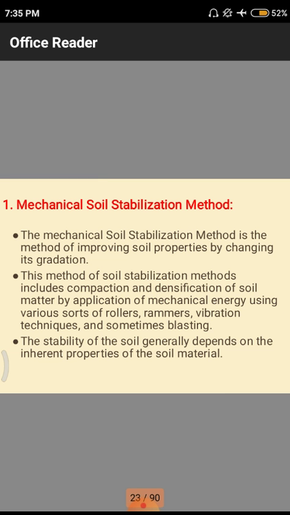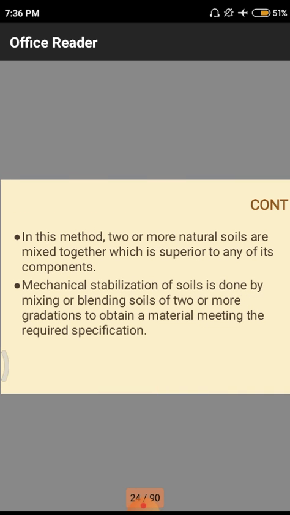Because if the physical properties are very poor, the strength of the soil also decreases. If the engineering properties are poor, the strength will also be reduced. So each property, whether physical, chemical, or engineering, is associated with the strength of the soil, so we have to consider the inherent properties of soil materials.